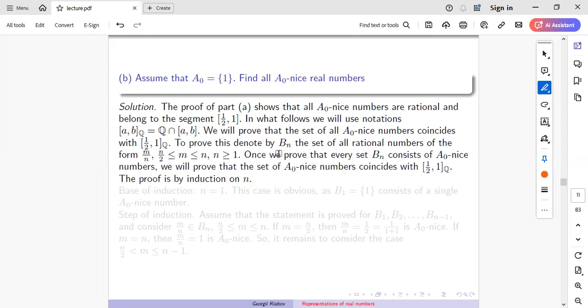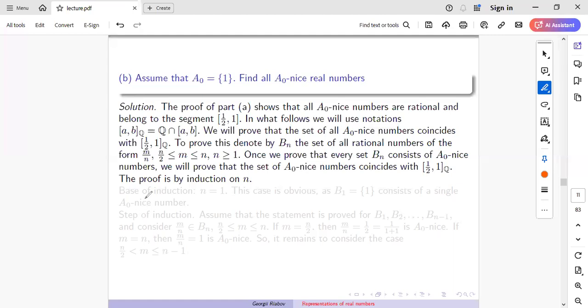Okay, now let Bn be the set of all rational numbers from the segment 1/2 to 1 with the denominator n. So Bn is all rational numbers of the form m divided by n, where m over n is from 1/2 to 1, which means that m is at least n over 2 and at most n.